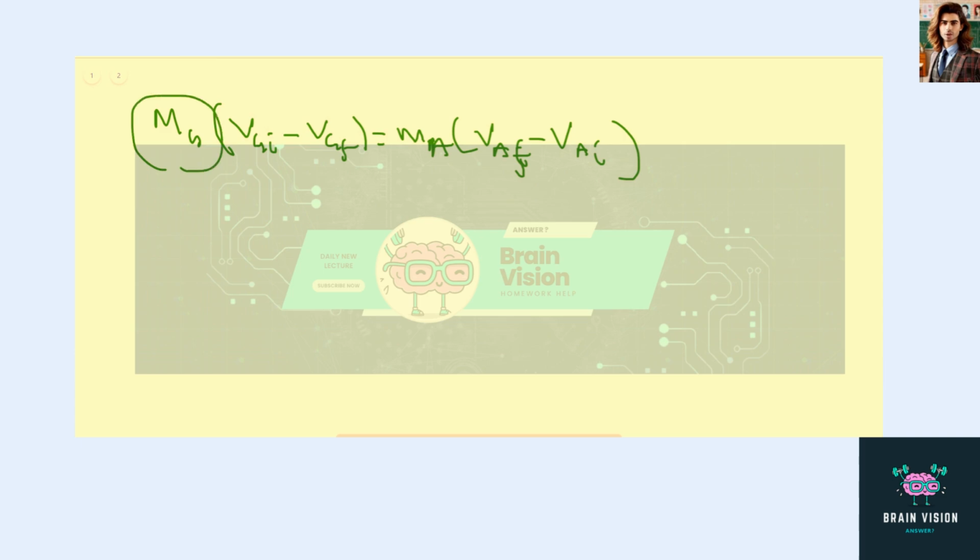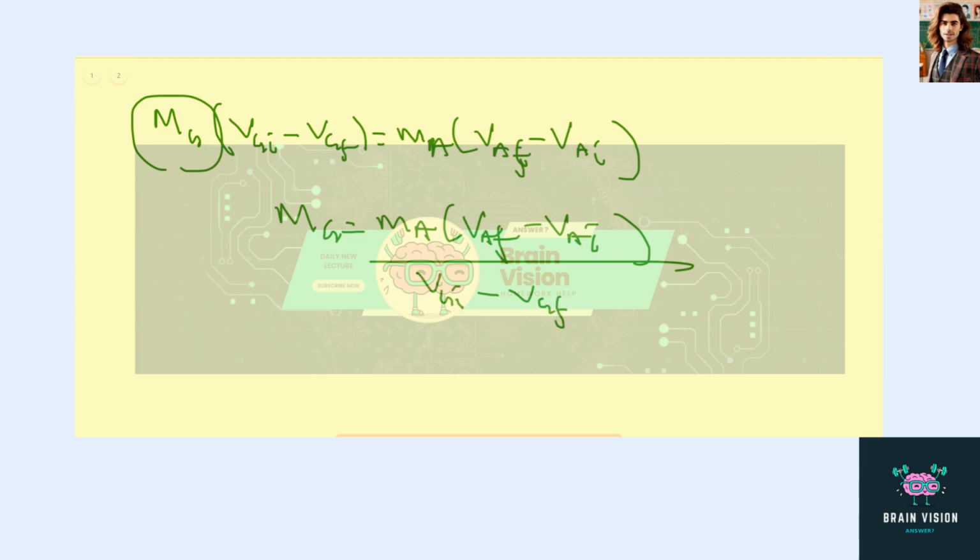And our goal is to solve for the mass of the canister. So this is MA, VA final minus VA initial. It's always a good habit to keep your variables up until the end. It just means that you're going to be less likely to have computational problems.